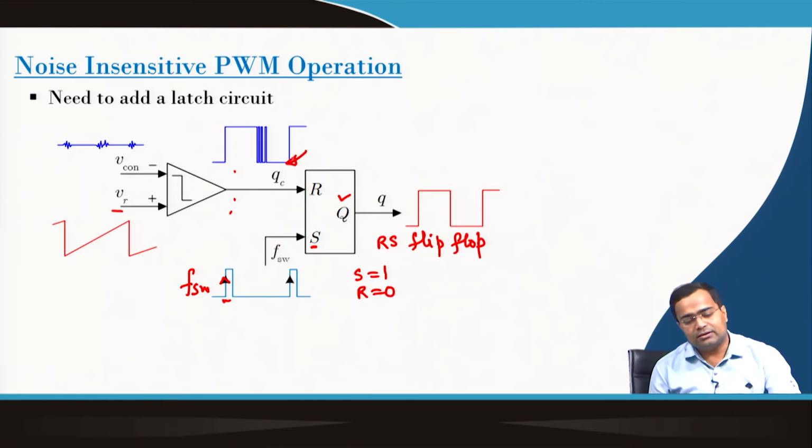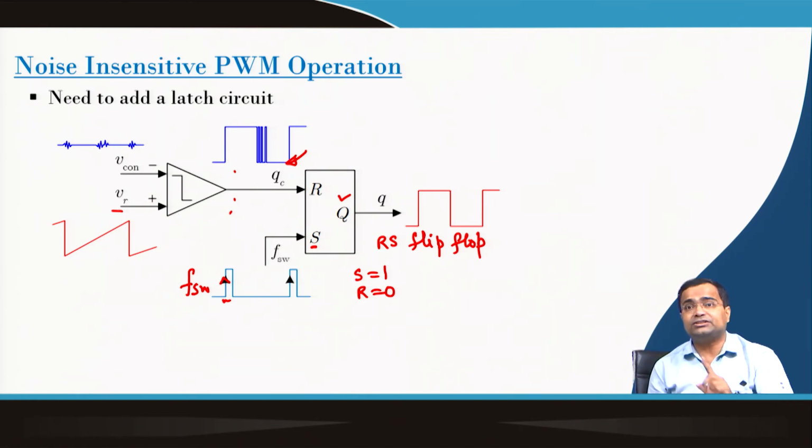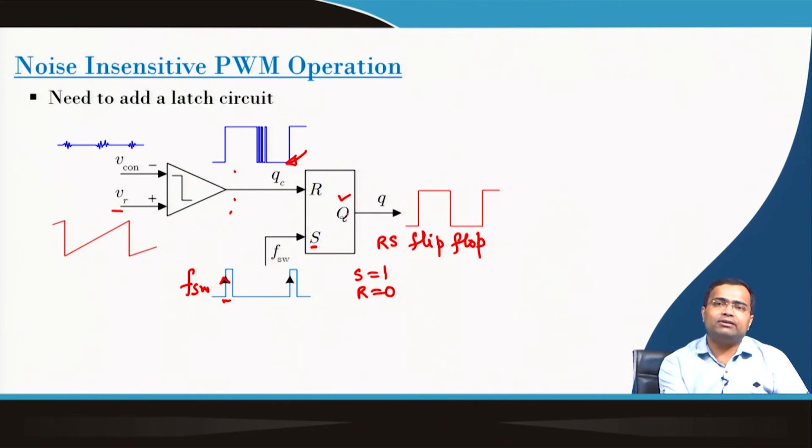You see, when the control voltage goes beyond ramp, or basically ramp goes above control voltage, then QC is high, and it detects the first edge, and that edge actually turns on the reset switch. If the reset switch is turned on, then Q is set to 0.